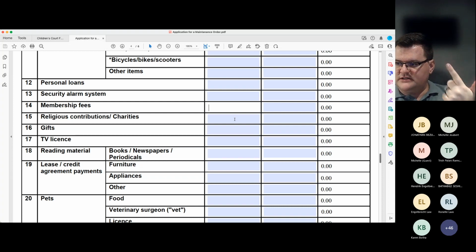Whereas you get expenses, for example, let's say one of the children has a membership fee for an extramural activity or whatever the case may be. That would be solely for the child. Or if the parent is a member of an organization and the child is not, then it is solely for the parent. Always distinguish between three types of expenses: parents' expenses, children's expenses, and combined expenses.